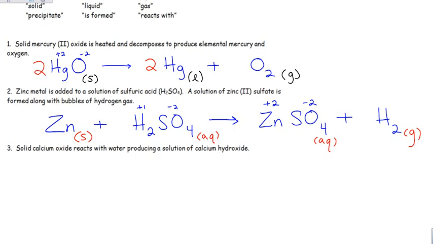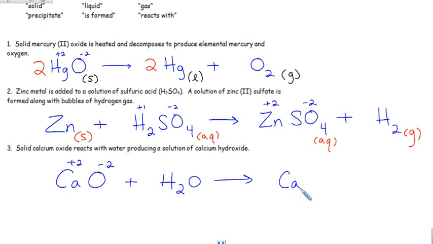All right. So my calcium oxide, calcium is +2, oxygen's -2, reacting with water to produce a solution of calcium hydroxide.